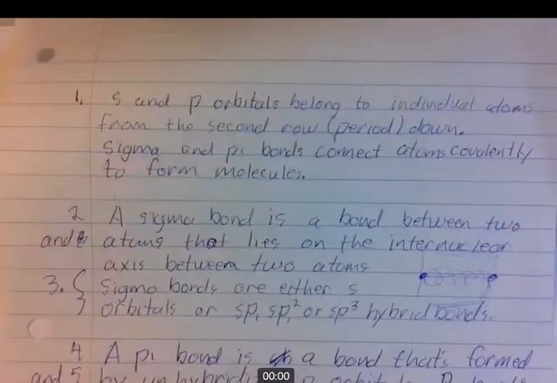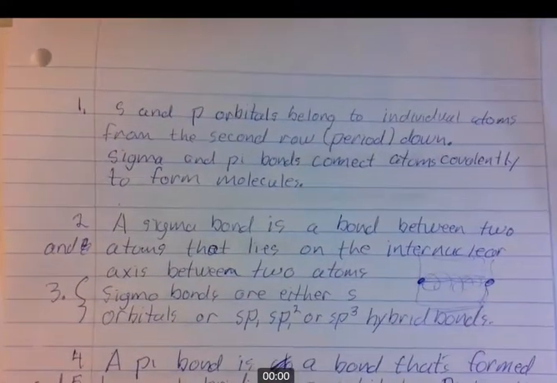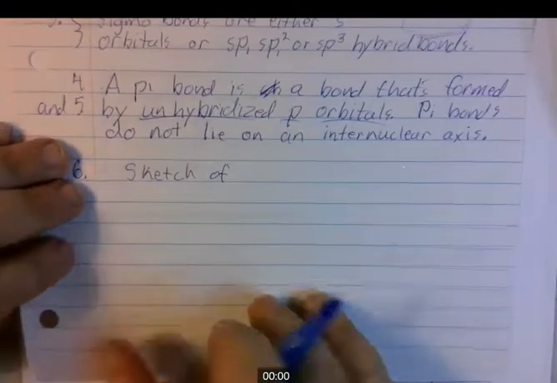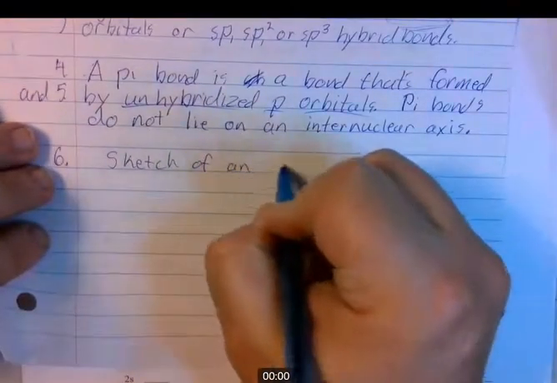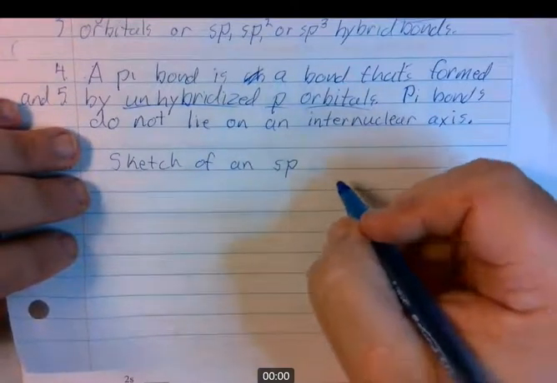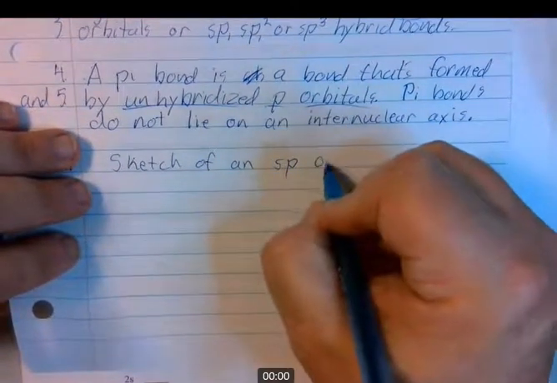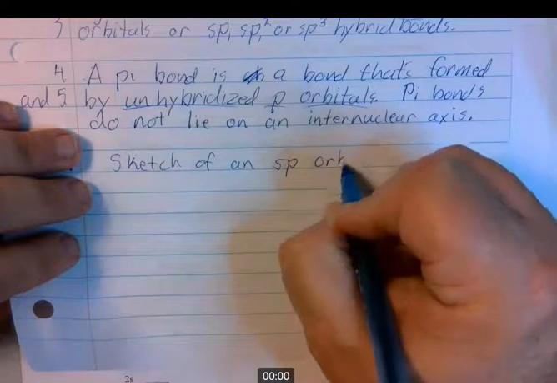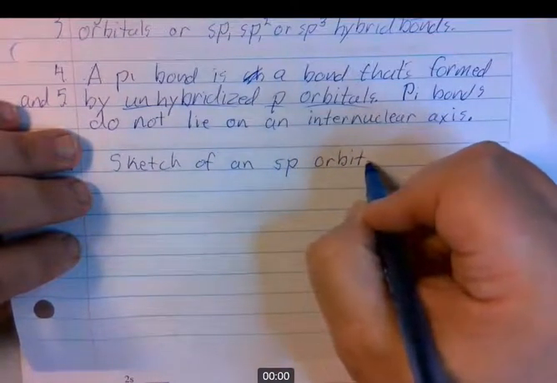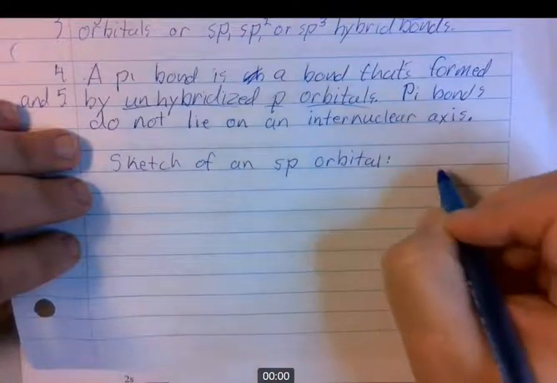All right. Number 6, sketch an sp orbital. So 6, sketch of an sp orbital. Camera up here, sorry. And this is the same shape for an sp, an sp2, or sp3. sp2 and sp3 are a little bit bigger because they stretch out a little bit farther. They include more orbitals. It is going to simply look like this.